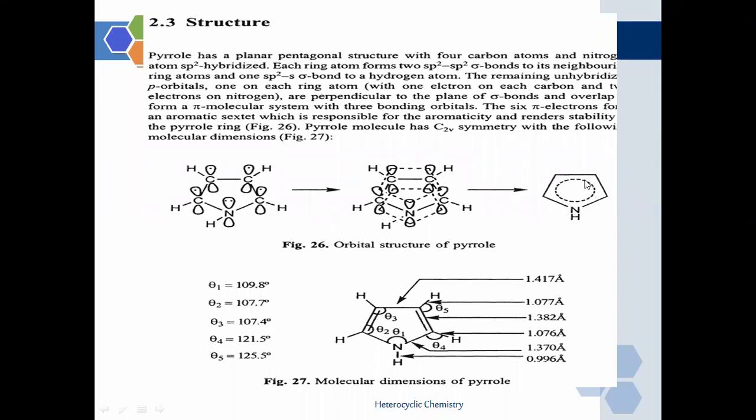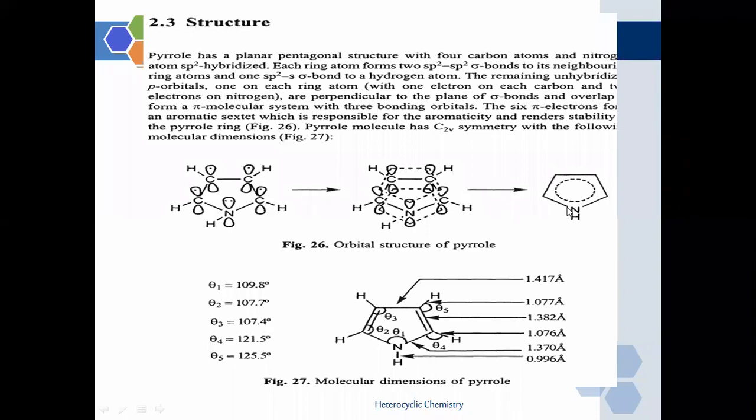This is basically a planar pentagonal structure containing five atoms, in which four positions are occupied by the four carbon atoms and one sp2 hybridized nitrogen atom is there.